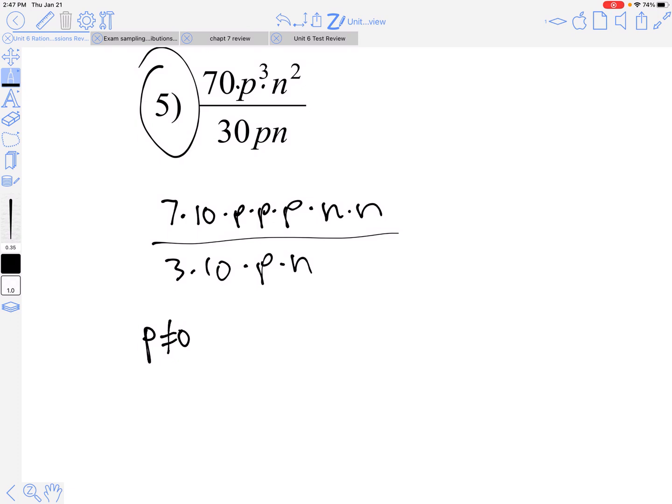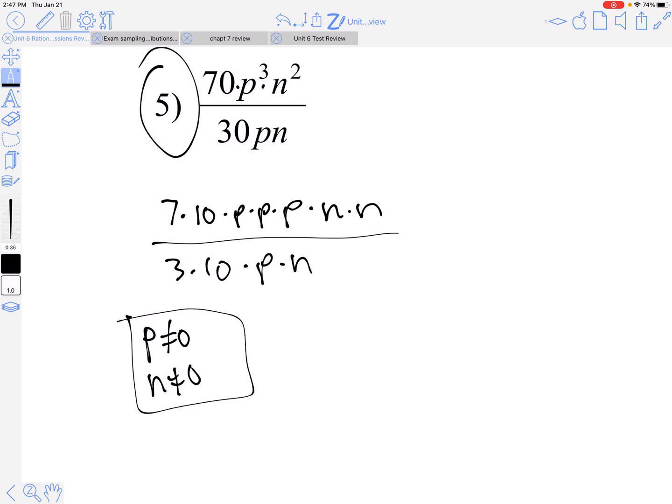Because p is multiplying, if you think about it, 30p cannot be 0. Well, if we divide by 30, or 30 times what gives us 0? Well, it's 0, right? So p cannot be 0, but also n cannot be 0 for the same reason. Because if one of them is 0, since they're held together by multiplication, it will make the whole thing 0. So those are excluded values there.